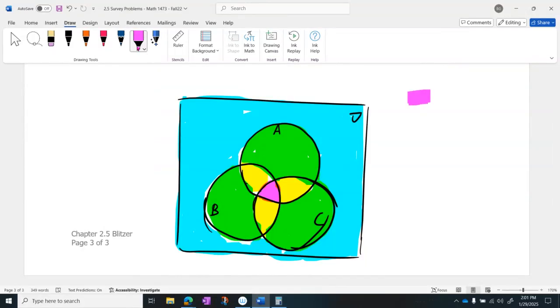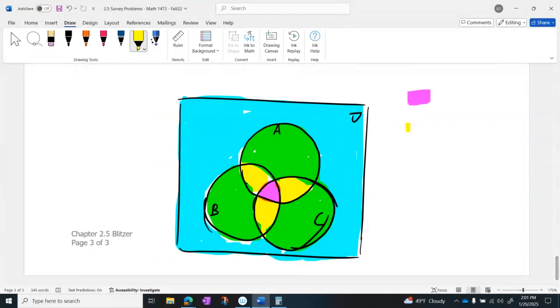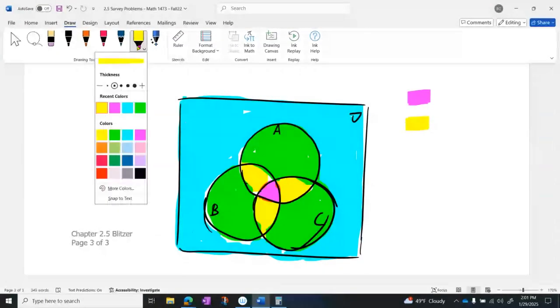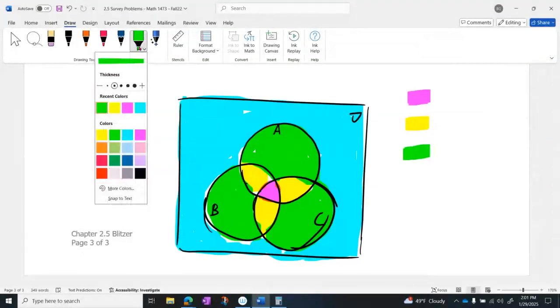Pink, yellow, green, and blue. Put a legend here.